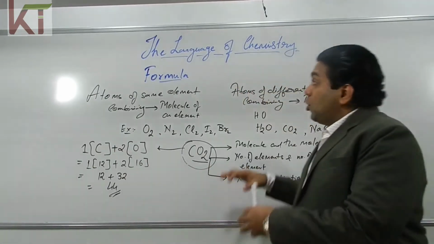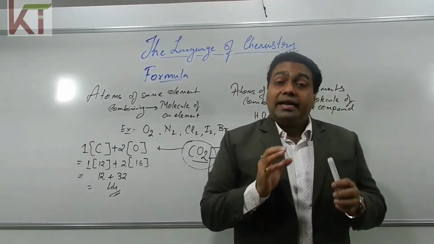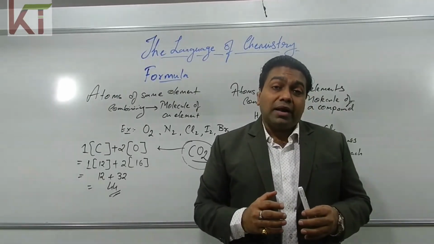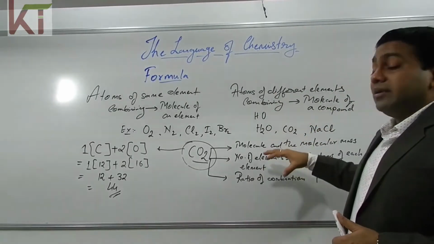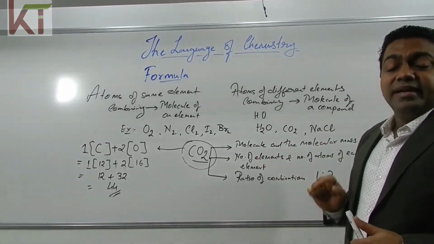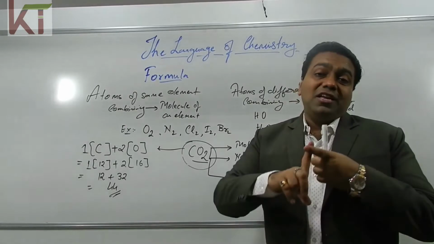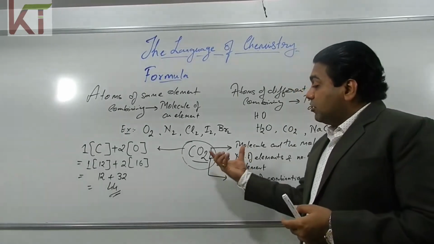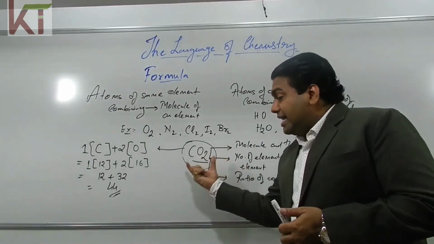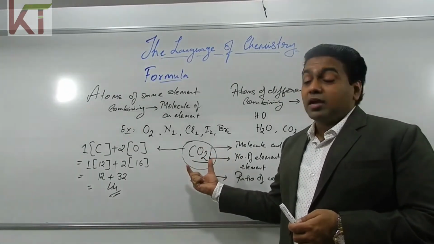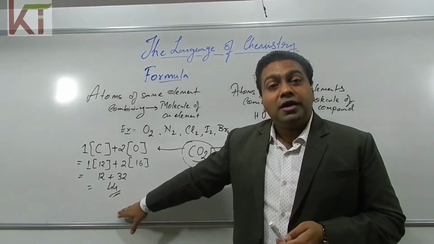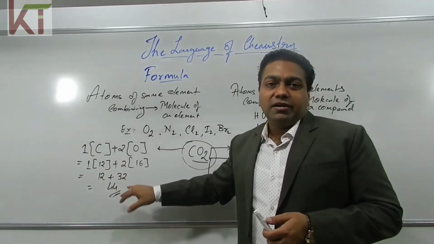Hope you have understood what a formula is and the significance of the chemical formula. So it is the chemical formula which tells us how many elements are present in it, how many atoms of each element are present in it, in what fixed ratio the elements or atoms are combining to form that particular chemical formula, and what's the molecular mass of that particular formula.